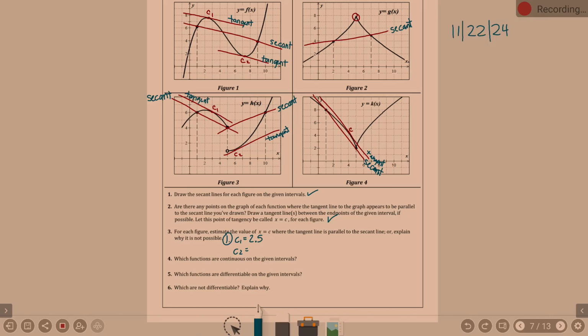I think the notes say 7.2, which I kind of agree with though. 7.25 seems a little more natural to say, doesn't it? I don't think it matters what you put because we don't do anything with these numbers after this. We're just identifying them. Okay, what about number 2? Cusp, can't do it. Okay, there was no tangent line, and that's because there was a cusp.